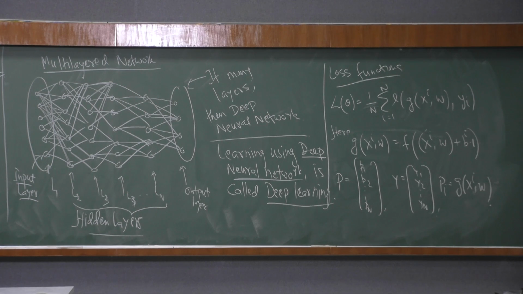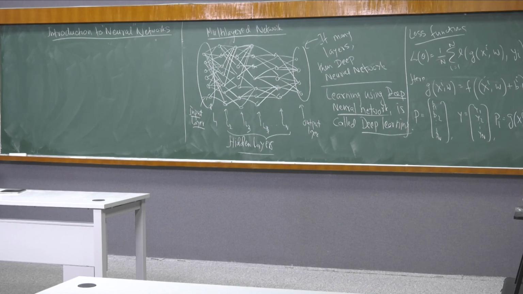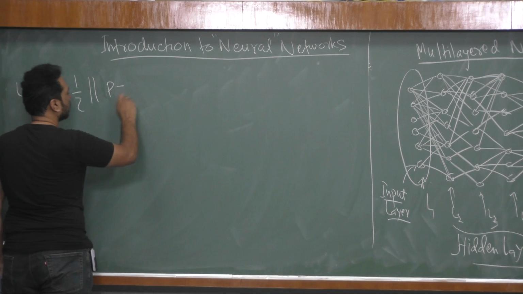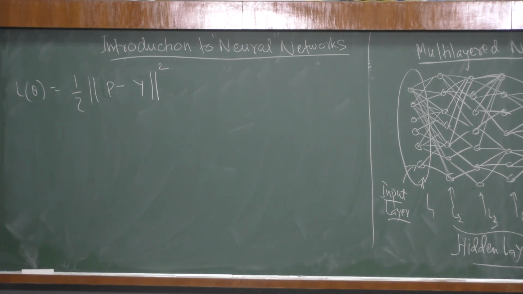If it's a regression problem, then we usually take the L2 loss. So the L theta loss is half of the L2 norm between two vectors, p minus y, squared. This is one possible loss function.